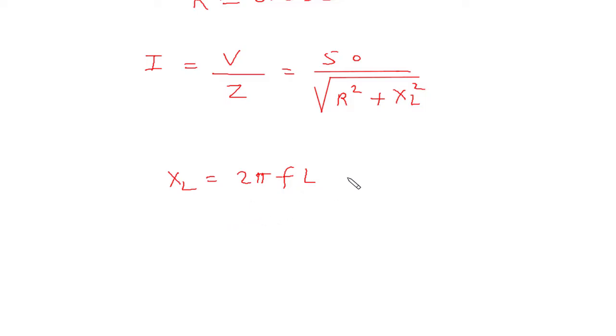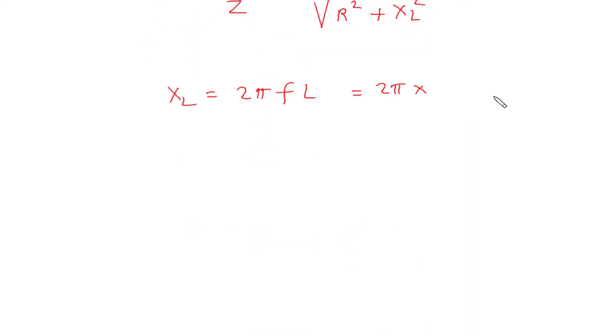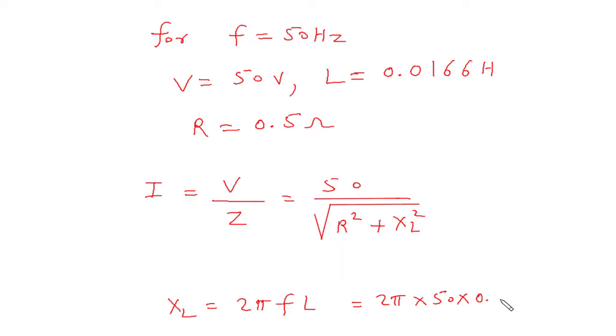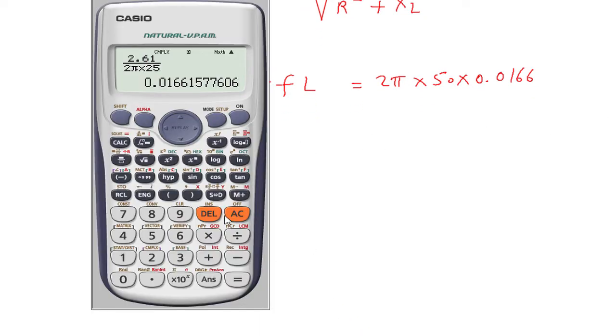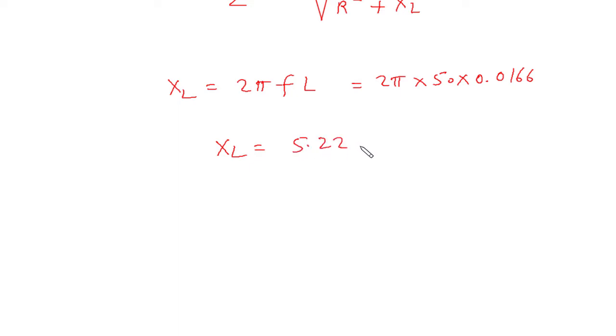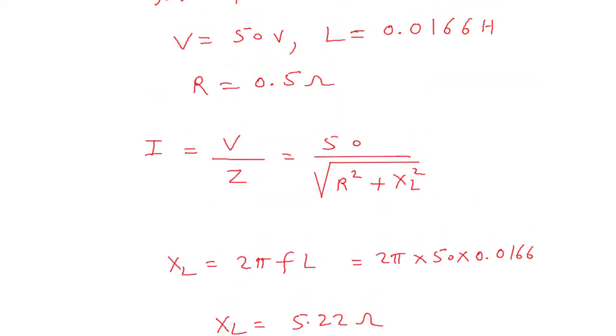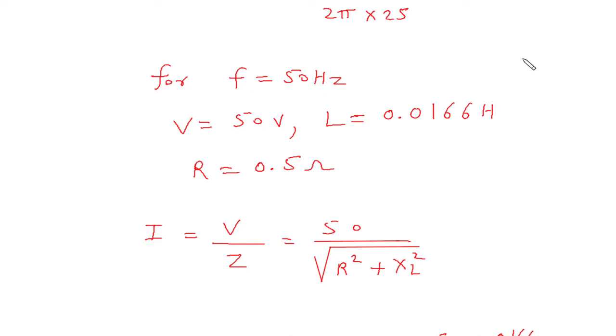So this will be 2 pi into 50 into 0.0166. So therefore XL is 5.22 ohm, the value of XL for 50 Hz frequency.